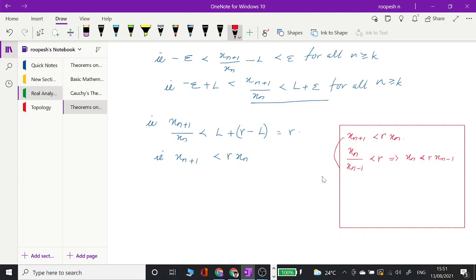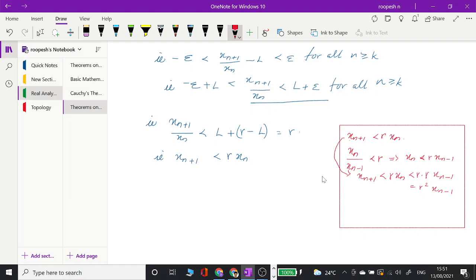So from this, x n plus 1 is less than R into xn, which is further less than R into R xn minus 1, that is R square into xn minus 1.